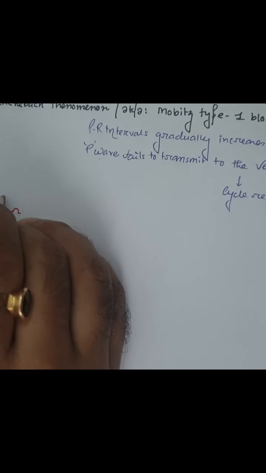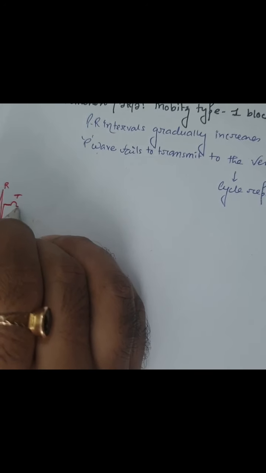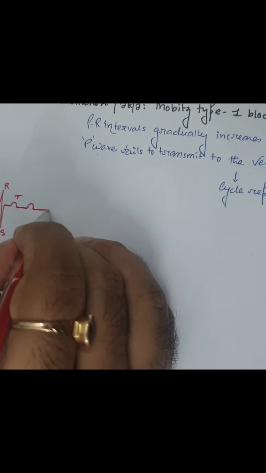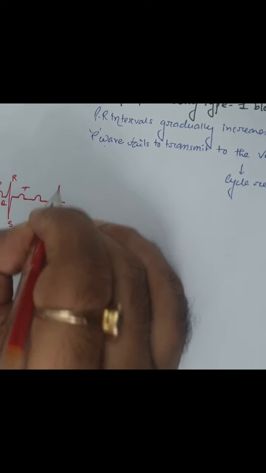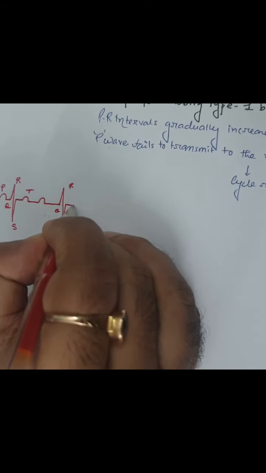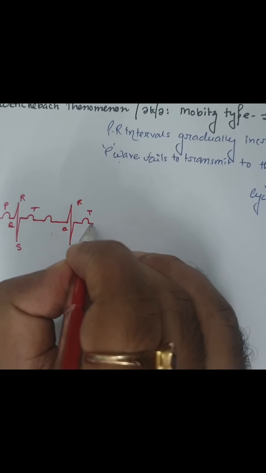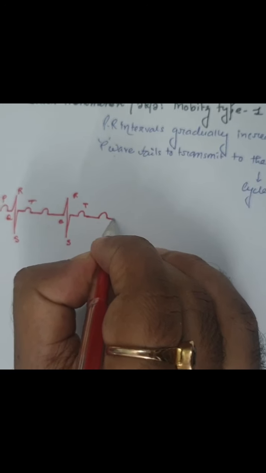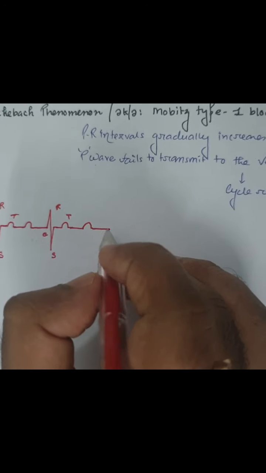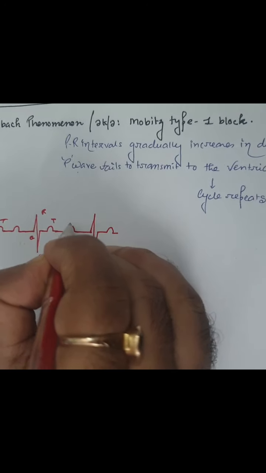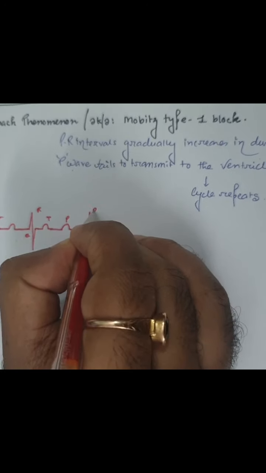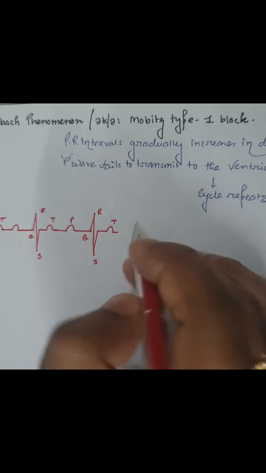P wave, R wave, S wave, T wave. Next again P wave, a bit prolonged PR interval, QRS complex, T wave, again P wave, again larger duration of the PR interval, QRS complex, T wave, like this.